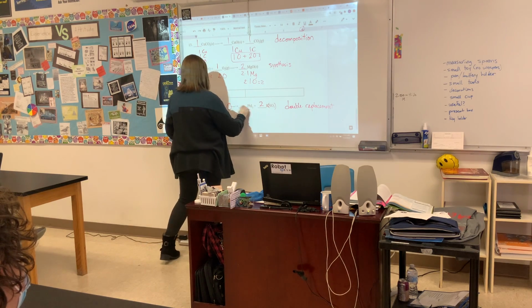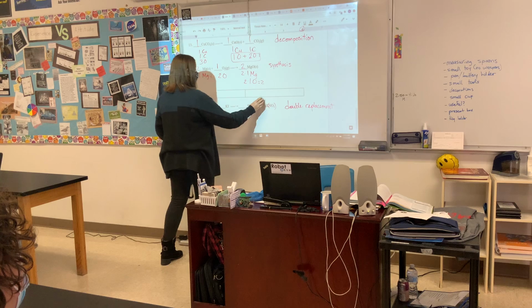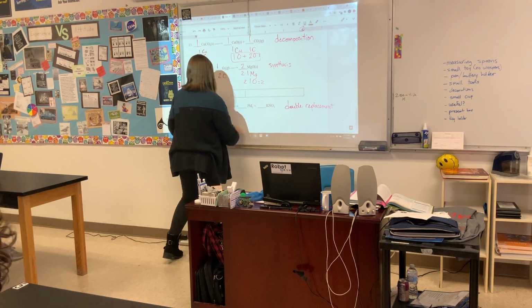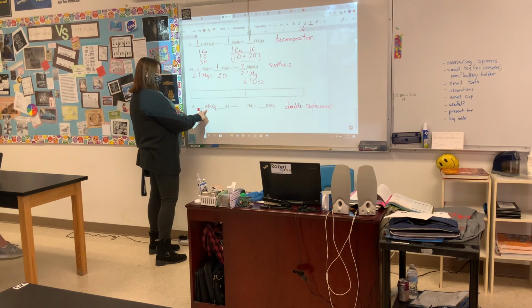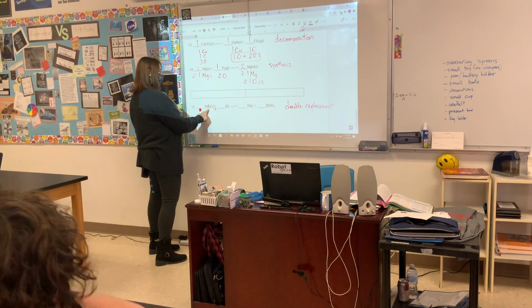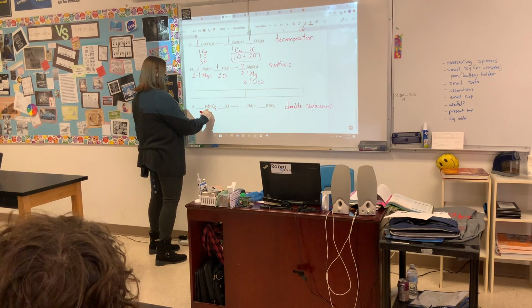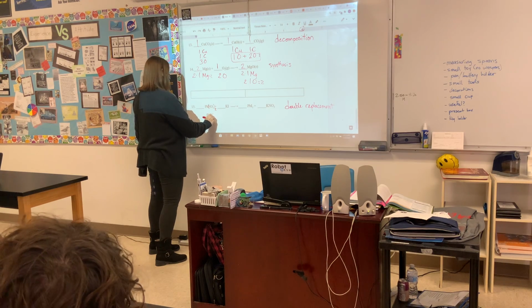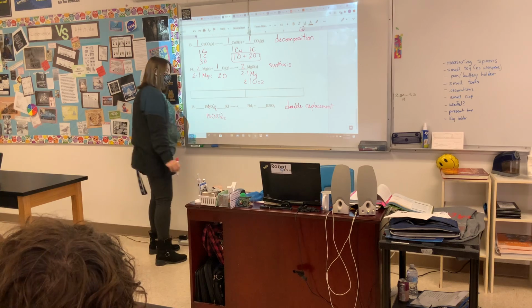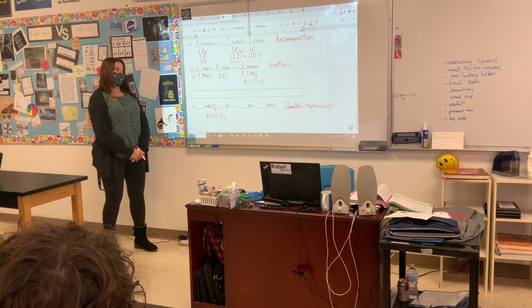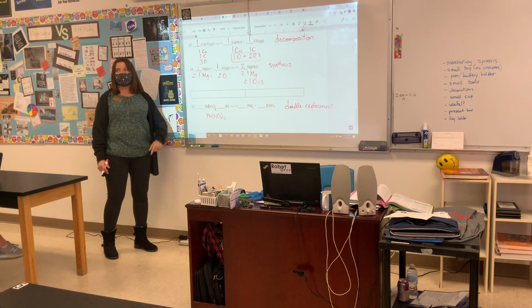I was correct. This NO3 actually is Pb(NO3), and now this is written like this. That's an actual reactant. We're missing that. That's a mistake.